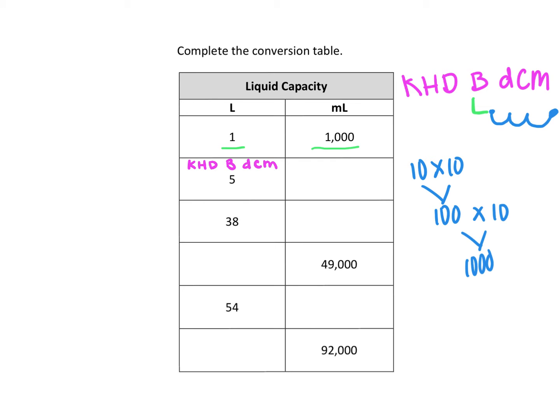So if we have 5 liters and we want to know how many milliliters we have, we're going to do the same thing. Multiply by 10 3 times, and that means that we're going to move our decimal 3 times over, which is going to be 5,000 milliliters.